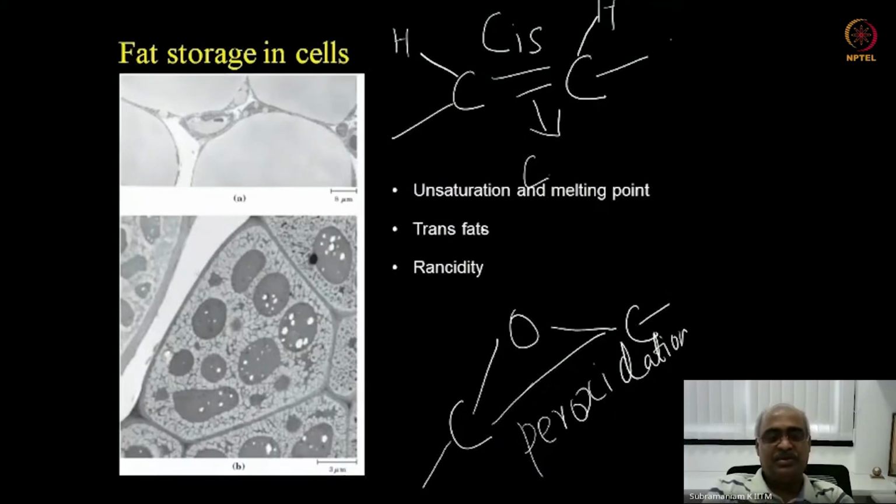So remember, this trans fat, rancidity, melting point, all of them are directly due to the double bonds in the side chain of the acyl moiety in the triacylglycerols. Having covered these two topics, we'll move on now.